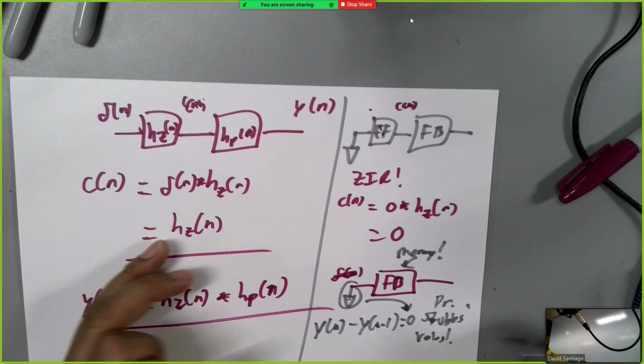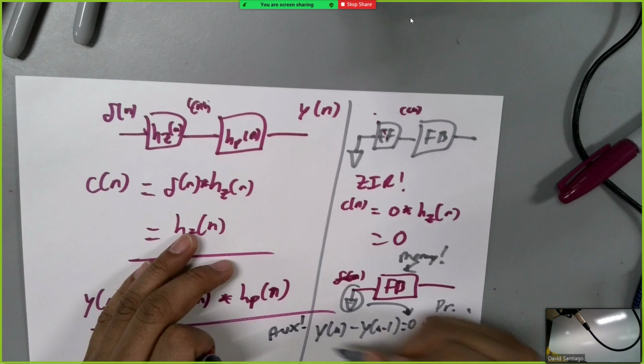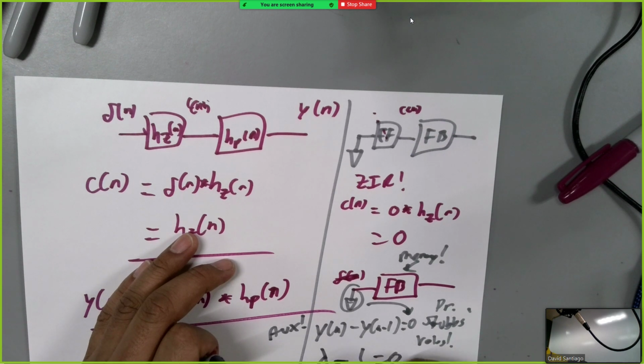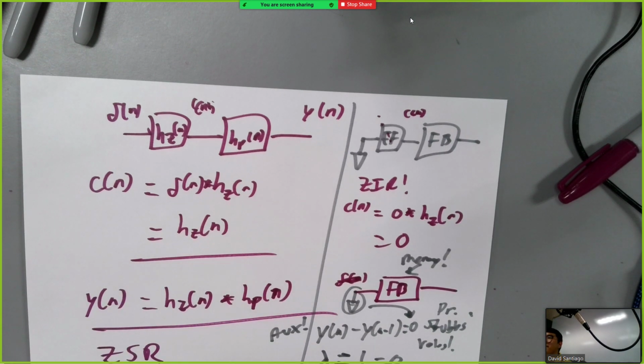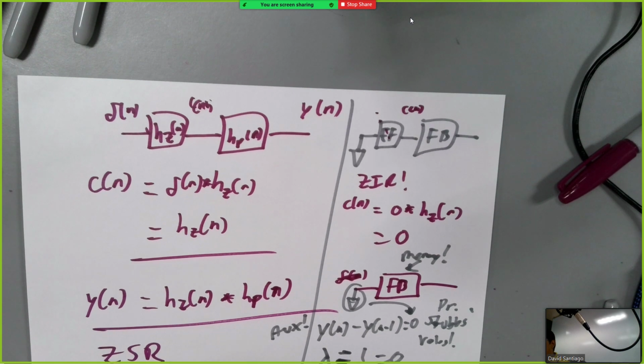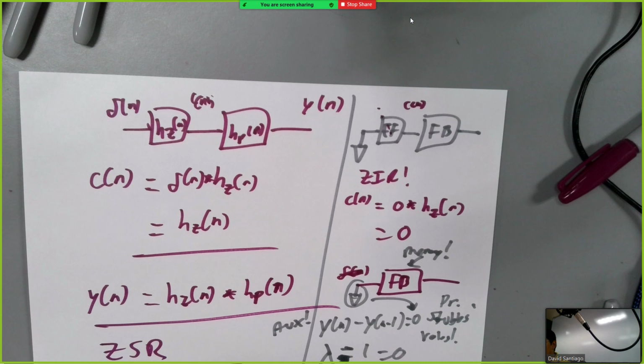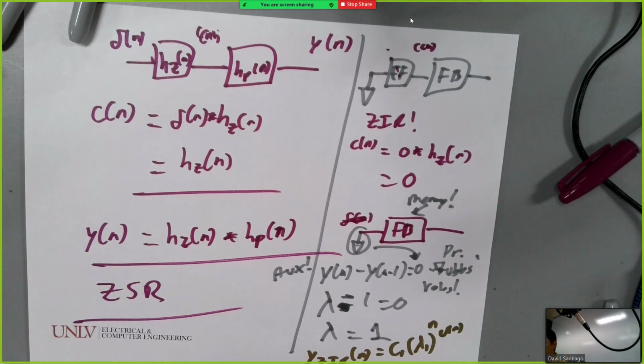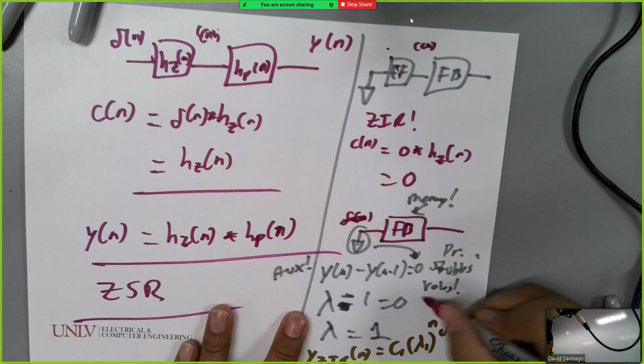This looks like an aux equation. Or minus 1. Come on. Right? Easy. But then this time, when you're trying to solve for y ZIR, C1 of lambda 1 to the n u of n, where he gives you a condition.